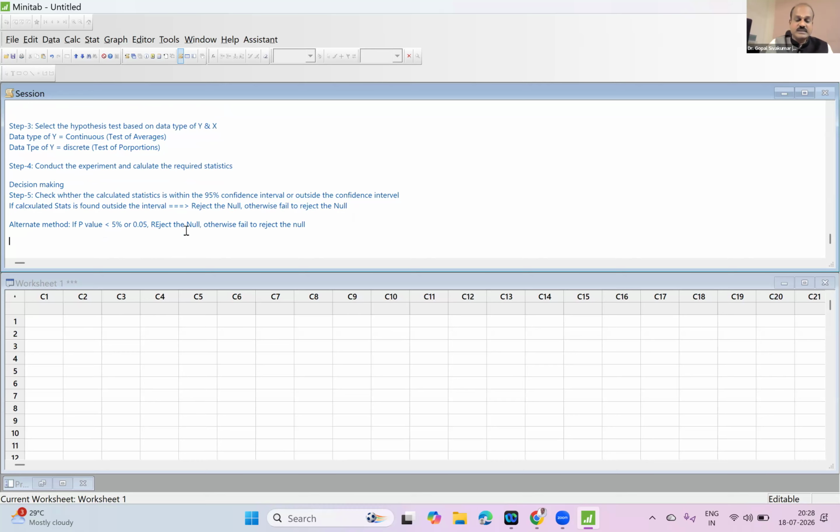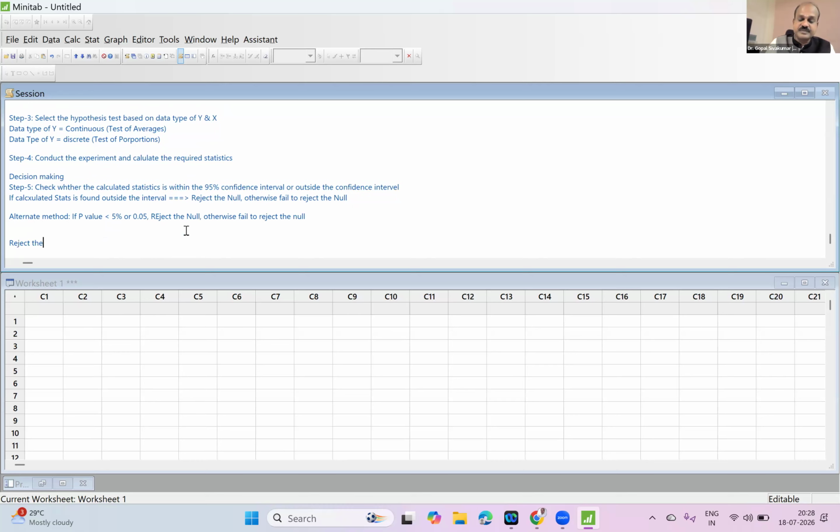Okay. So what is reject the null? Reject the null means the factor is a validated cause, and hence action is required. But what action the project team has to develop?